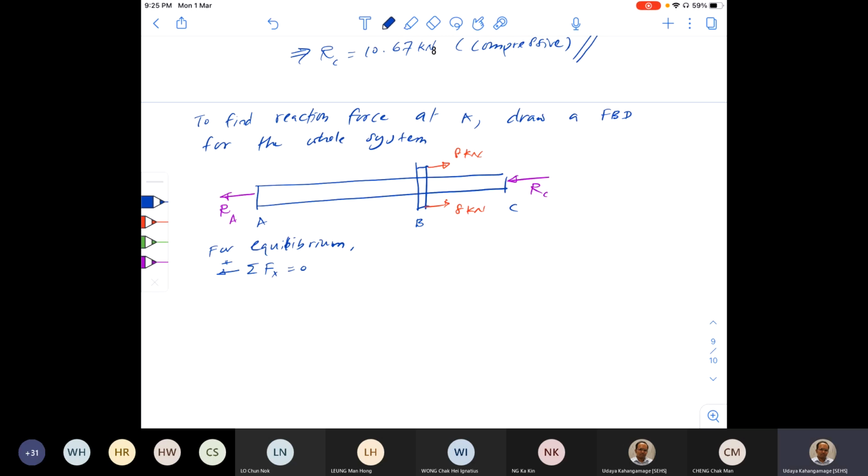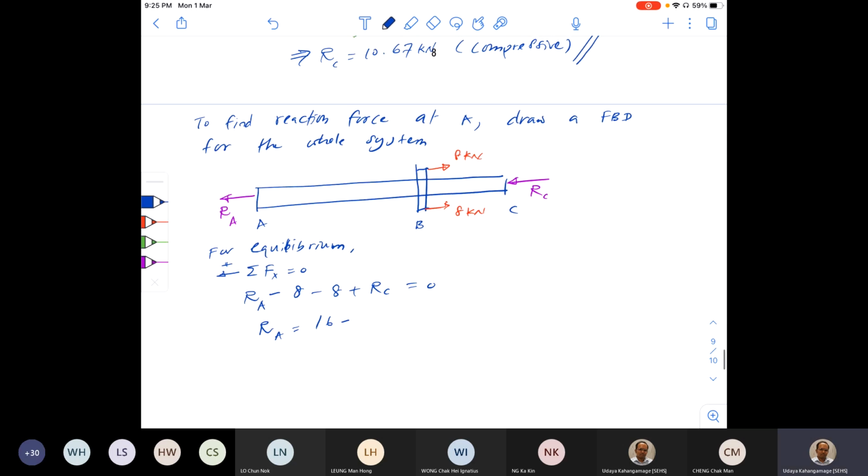So that means RA - 8 + RC is equal to 0, right? That means RA is equal to 16 plus, also negative, right? Negative RC. RC is 10.67 kilonewton.